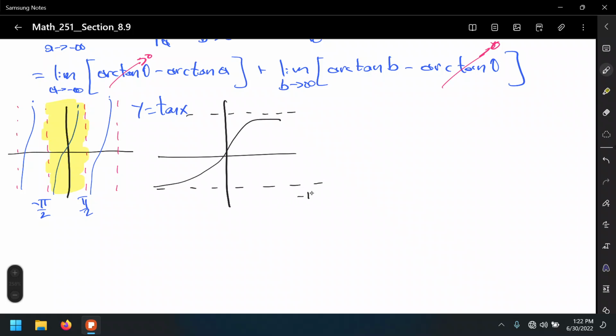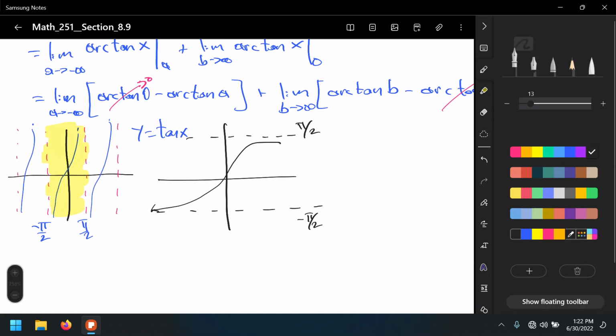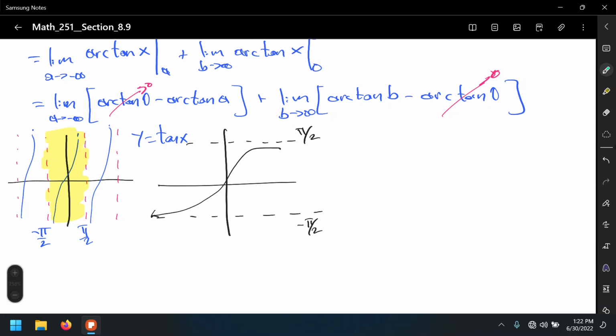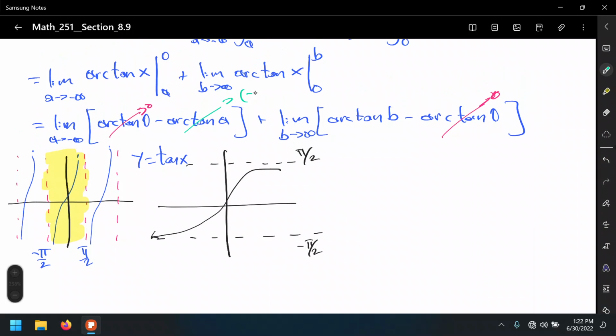So also from negative pi over 2 to pi over 2. So when arctangent goes to negative infinity, the limit is in this case negative pi over 2, but on the other hand goes to pi over 2.